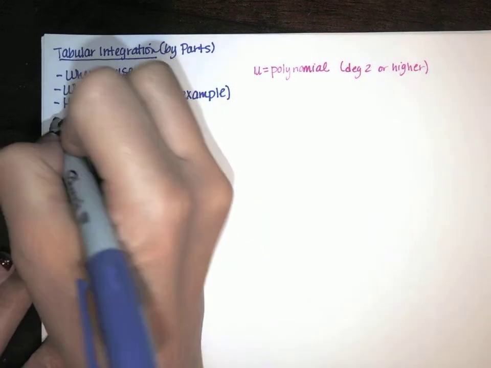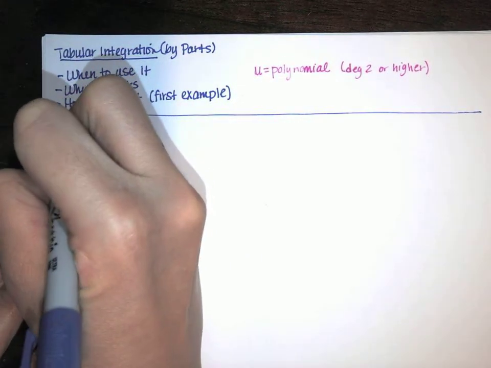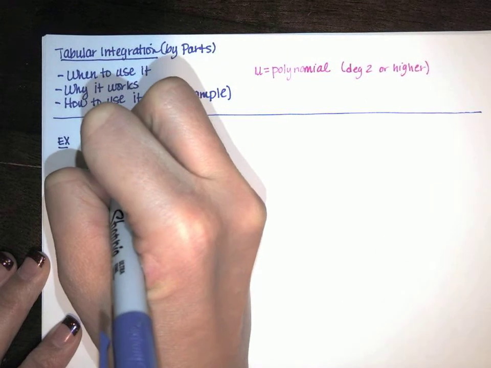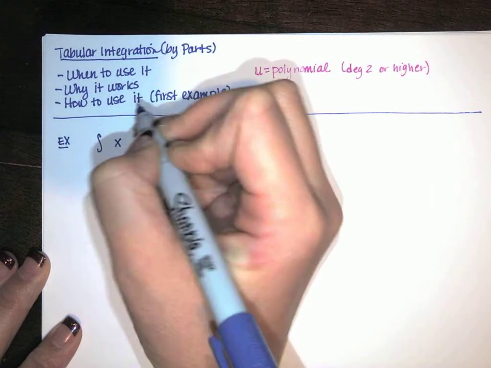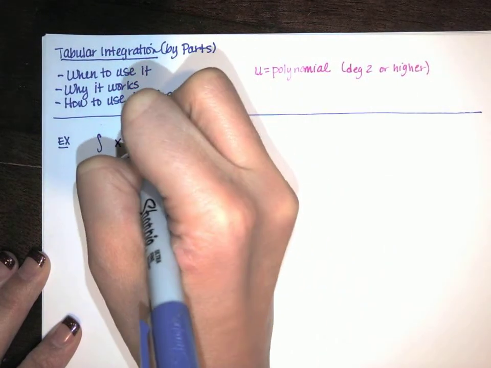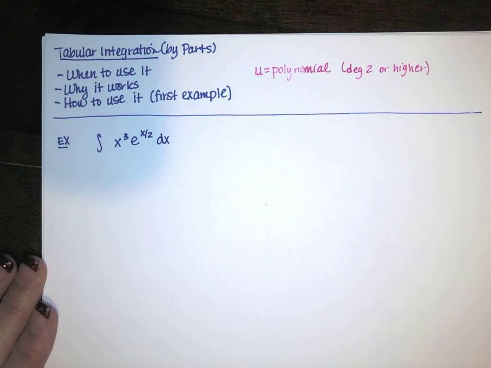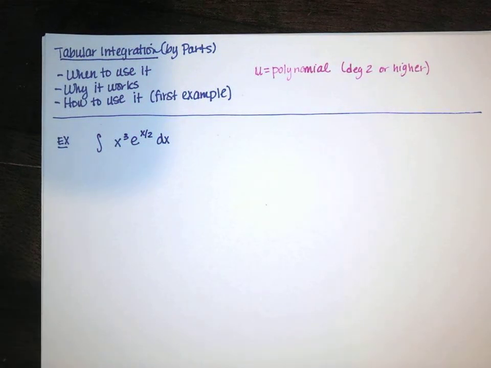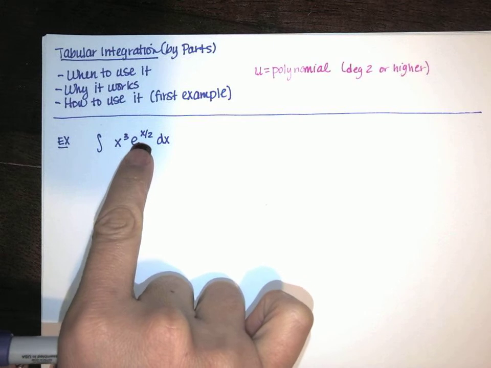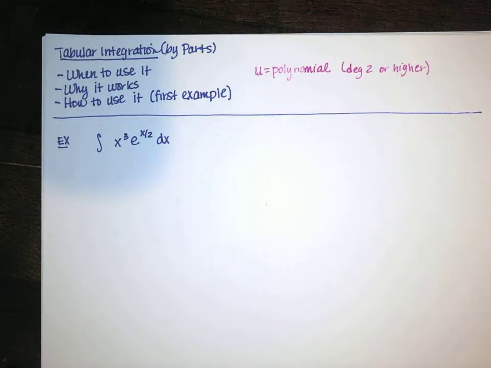So let's say you've got a problem like this. Basic rules do not apply because we've got a product. A u substitution doesn't apply because the derivative of the inside function is just a 1/2, and that 1/2 is not going to account for that x cubed.